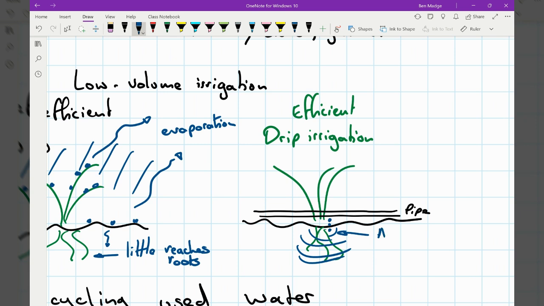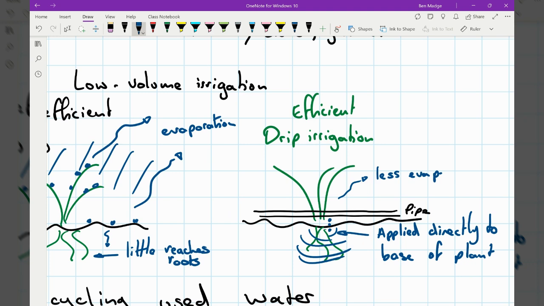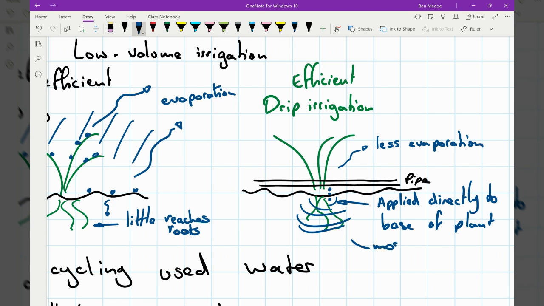So it's applied directly to the base of the plant, and this means that we have much less evaporation, and most reaches the roots. So drip irrigation takes a little bit more infrastructure and effort and cost to set up, so it's slightly more expensive typically, but is a much more efficient form of irrigation.